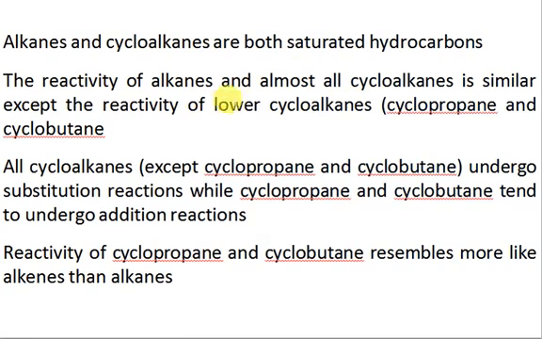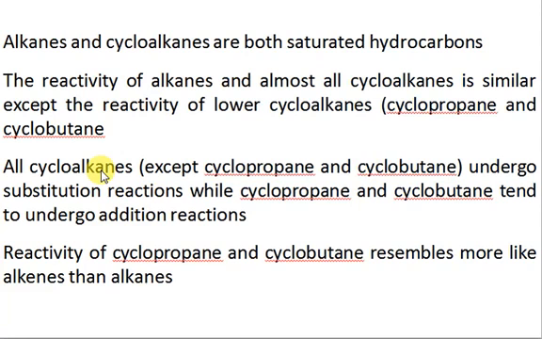So what we mean by the lower cycloalkanes include cycloalkanes that have 4 carbons or less than 4 carbons. So the lower cycloalkanes include cyclopropane and cyclobutane, right? So the reactivity of cyclopropane and cyclobutane is different from almost all of the cycloalkanes and the alkanes.